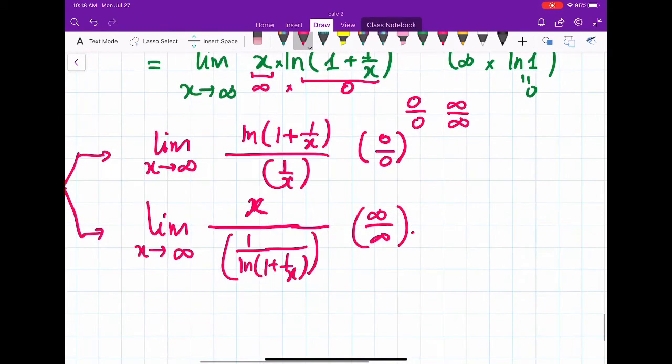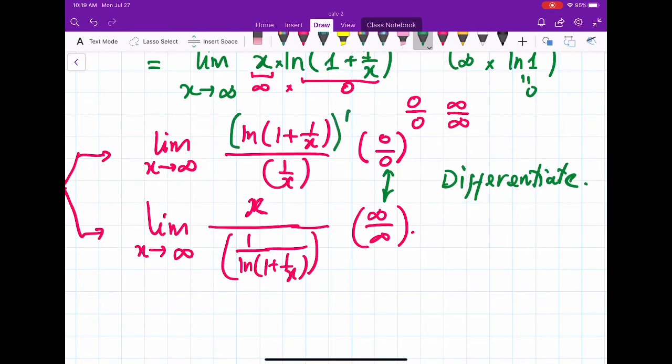So, in order to use L'Hopital's rule, we need to differentiate. Is that correct? But which function is easier to differentiate? If you differentiate this on the top, everything is good. This function is pretty easy. But for this guy, yes, we might have trouble, right?